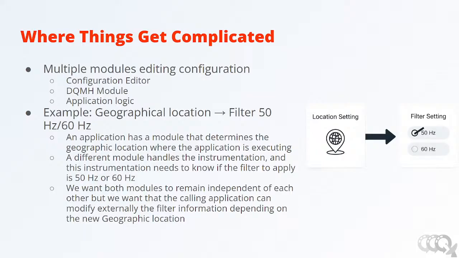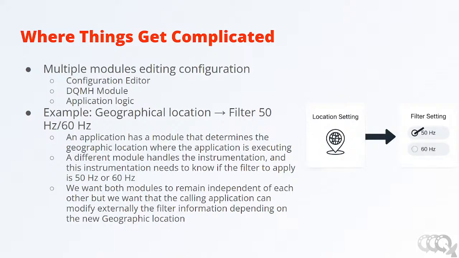You really don't want your instrument driver to depend on a third-party DQMH module that looks at the location. You want those two things to be separate. So being able to set the filter setting, not only directly through the DQMH module, but externally update that configuration would allow the location setting to notify the application when the location is updated, and then the application itself could update the setting.